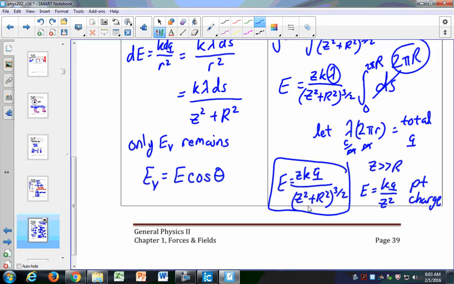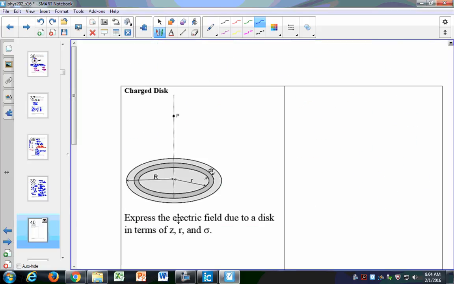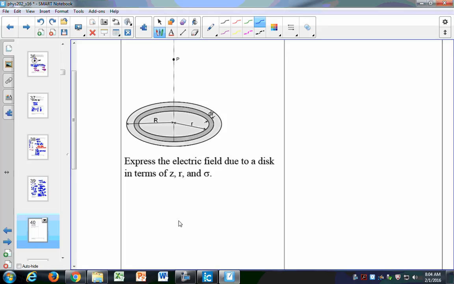I'm not going to do the next derivation. That might be your exam question, or I might give you a sphere. I'm not sure. I might give you a solid sphere. But the charged disk works largely the same. At a point p, a distance z from the disk, where z is the distance from here to here, there are a couple different ways that you can do this, but the easiest way is to let this ring, which you now know the electric field of, be your differential element.